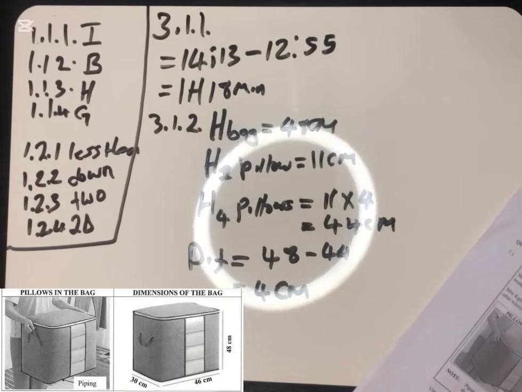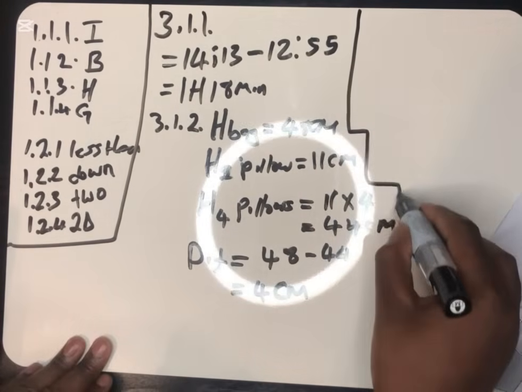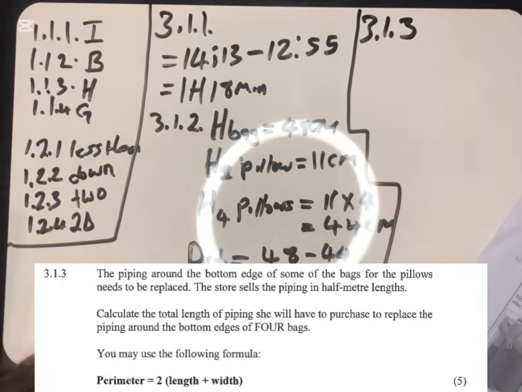So moving to the next question, which is 3.1.3. It says the piping around the bottom edge of some of the bags for the pillows needs to be replaced.